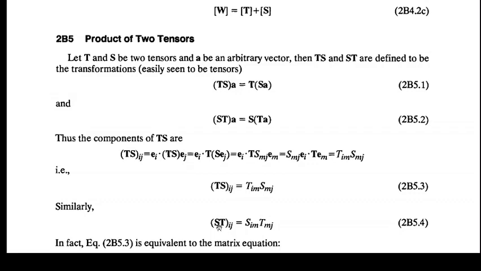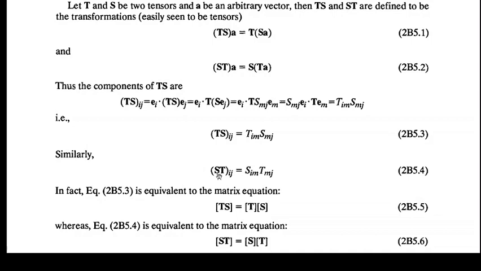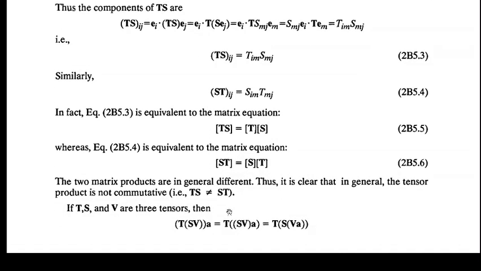Here you can see Sim and Tmj. Here S is at the first position of this product and i is the first index of this product, so Si, and T is the second element of this product and j is the second index of this product, so j would be the second index of T, j and m. In matrix form this can be written, and we can easily see that the product is not commutative, as matrix product is not commutative, so in general TS can't be equal to ST.